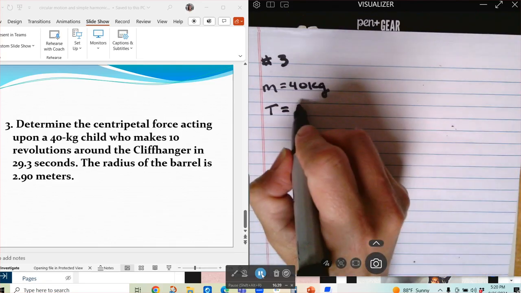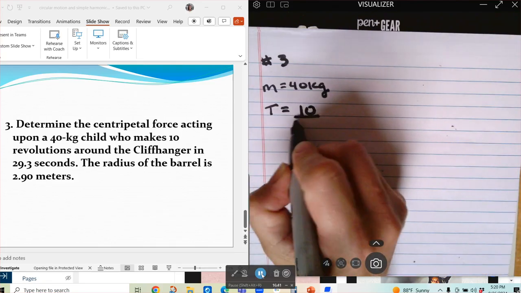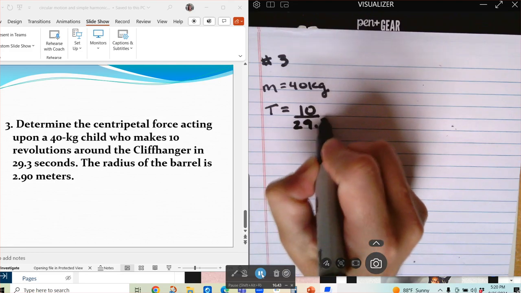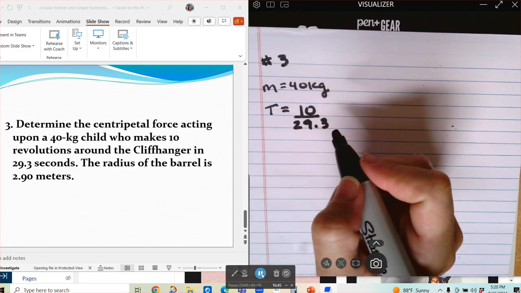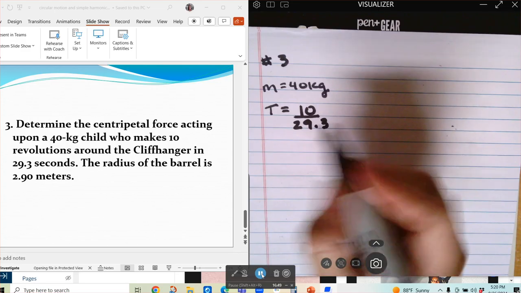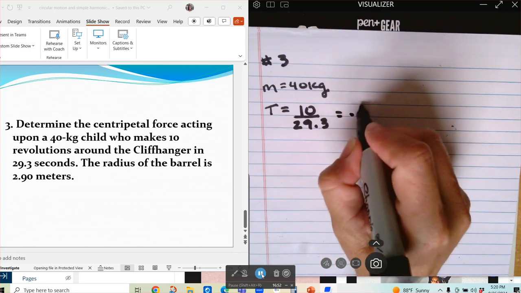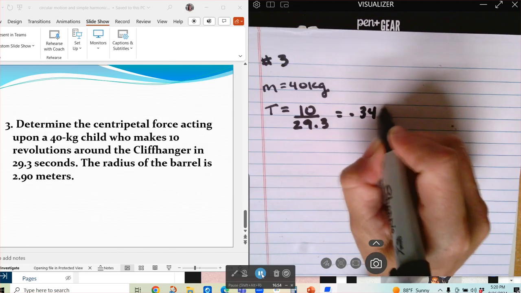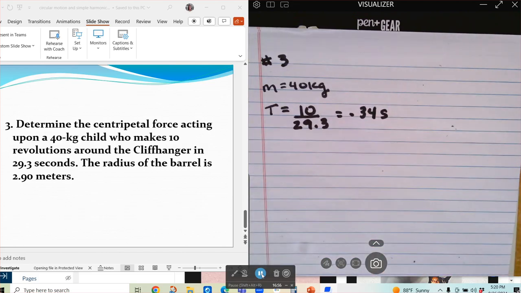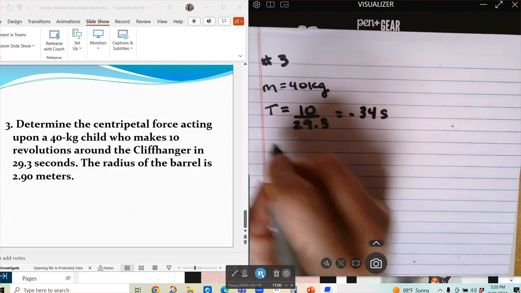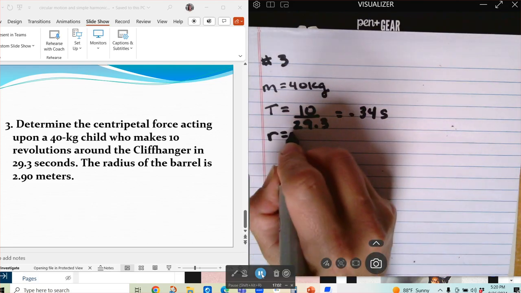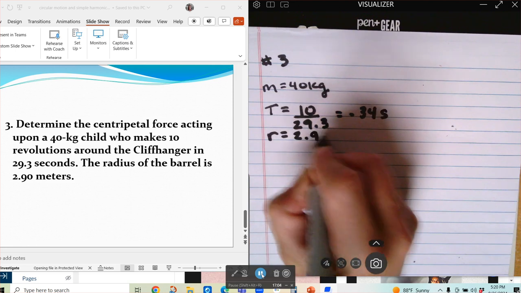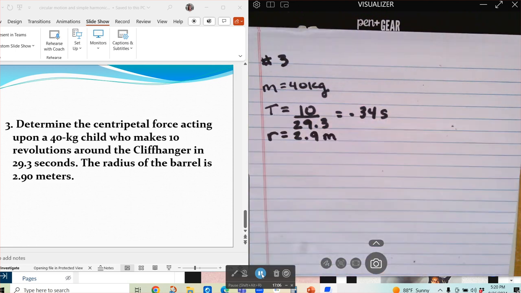So our period is actually going to be 29.3 divided by 10. And that's going to give me 2.93 seconds. Okay, that's actually our t. And then our radius is 2.9 meters.